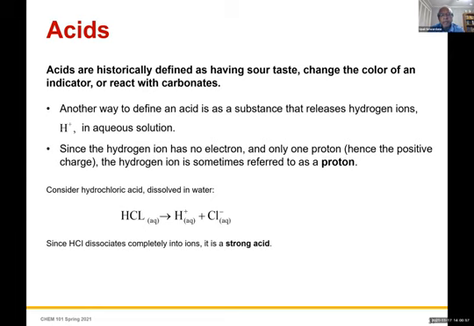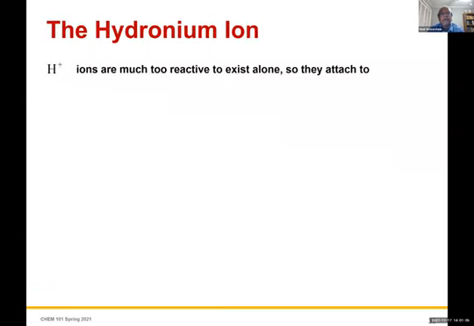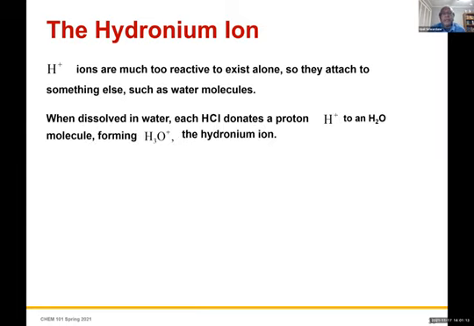Hydronium ion is the main component of hydrogen ion in aqueous solution. Ions are much too reactive to exist alone, so they attract something else, water molecules. Protons attract water molecules, so it's called a hydronium ion.